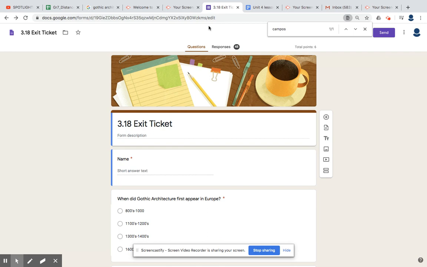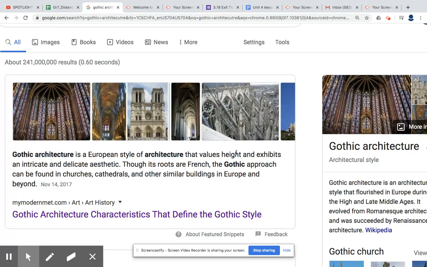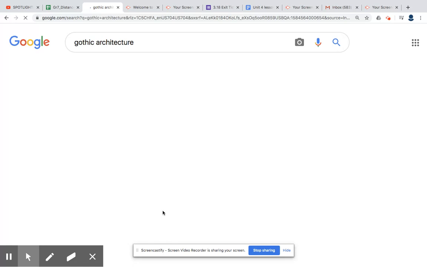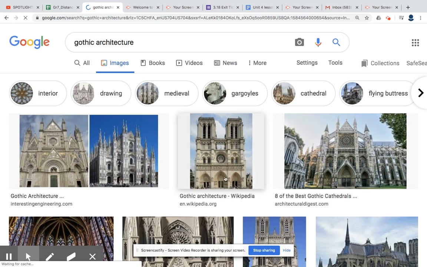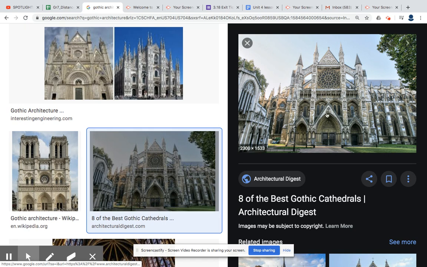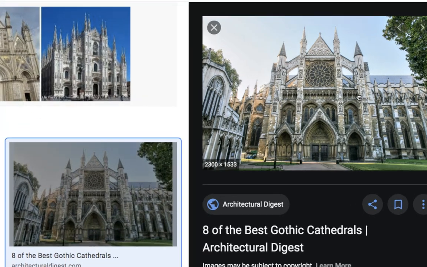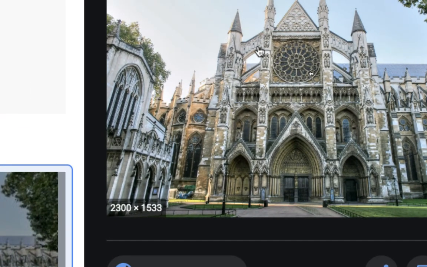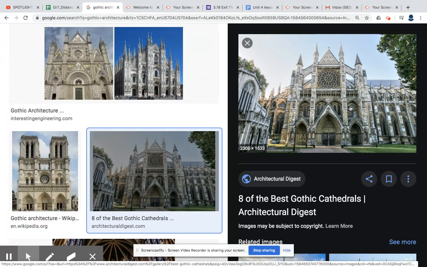Today we're finishing up Gothic architecture. We're summarizing, and then we're comparing it to Renaissance architecture. Again, to summarize, Gothic architecture has pointed arches, like this one, a lot of stained glass, spires, and structures called flying buttresses.